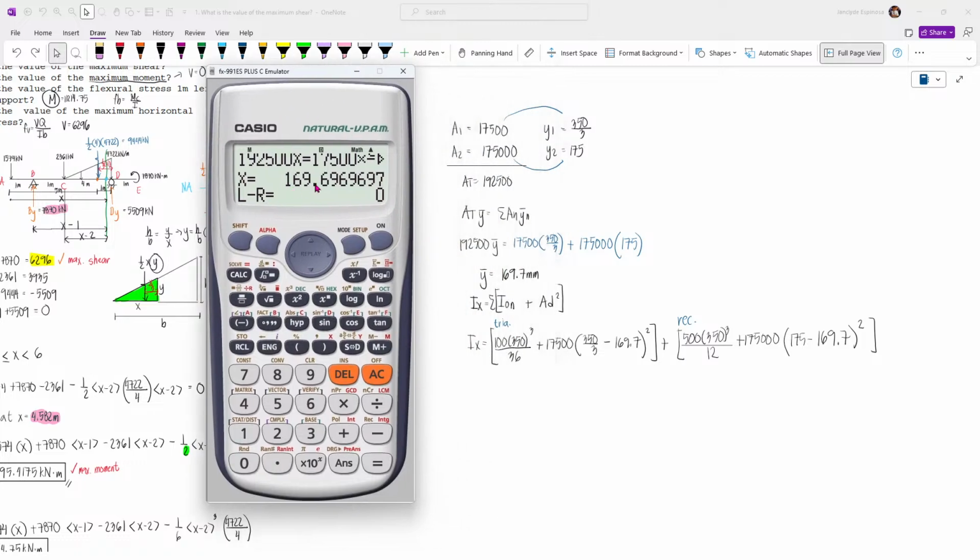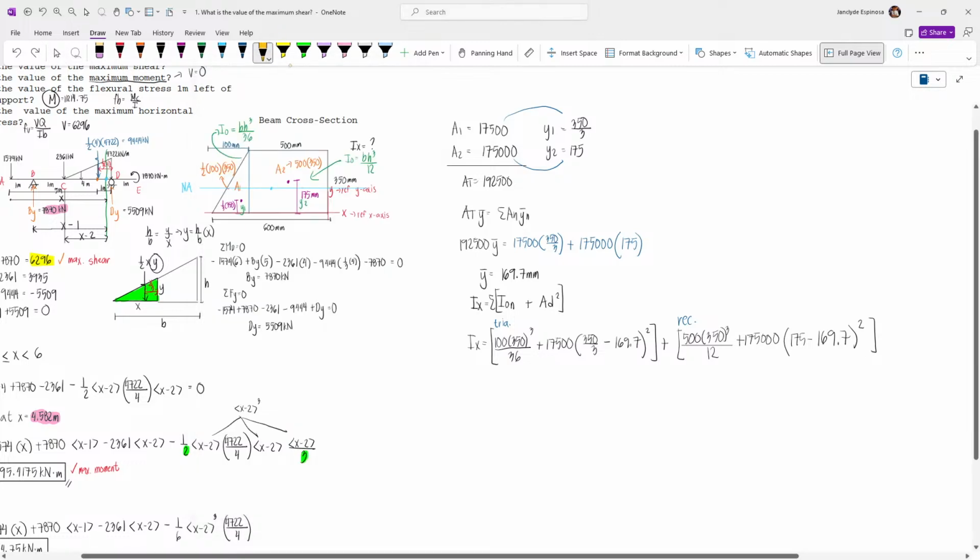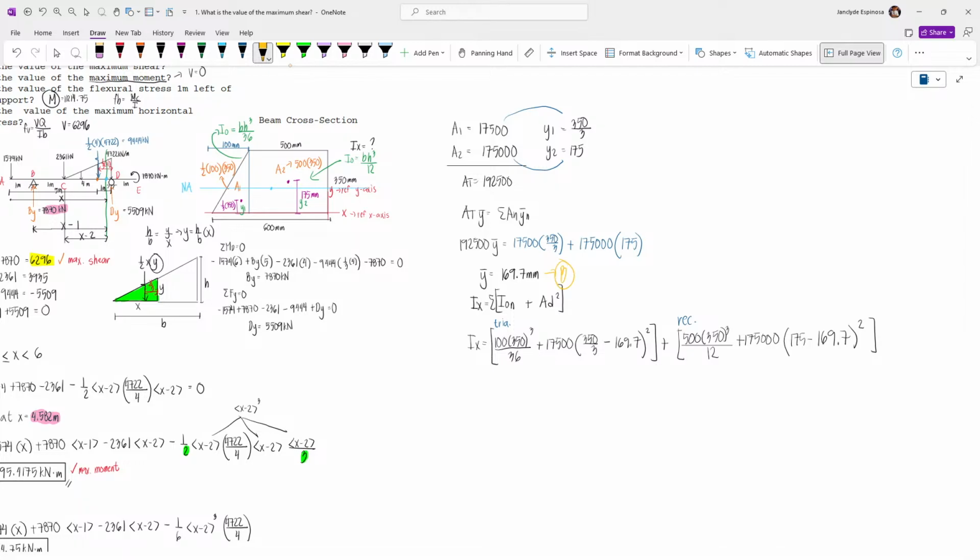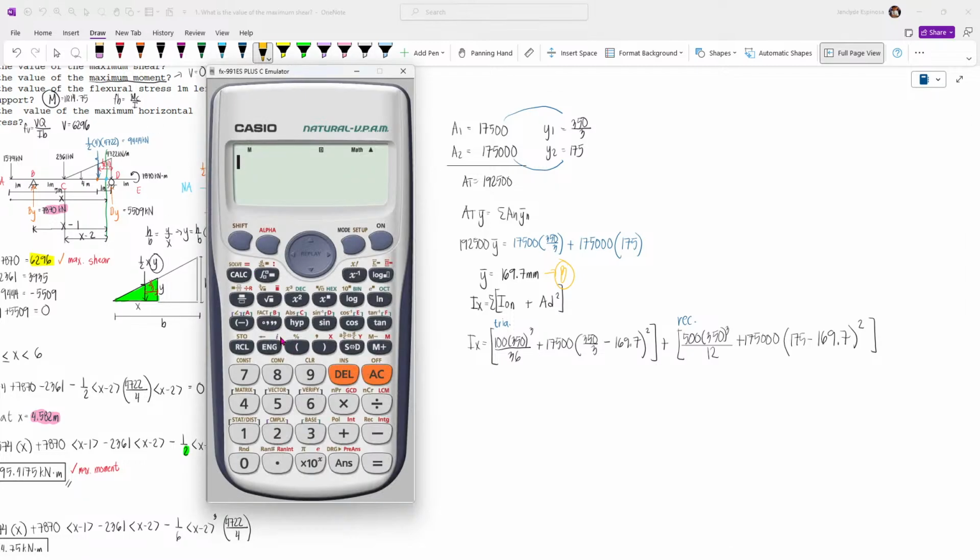Ang centroid, i-store na lang ko ni siya sa B, kaya para di na ko mo type og 169.7. Daghan na kay keystrokes. So, ako lang i-label dire ha. Nga, ibutang ta niya siya sa B. So, we have 100 times 350 cubed over 36.